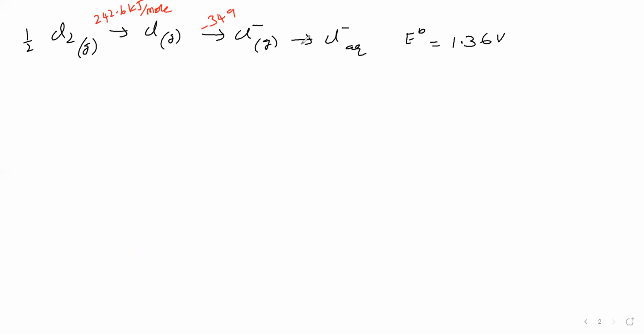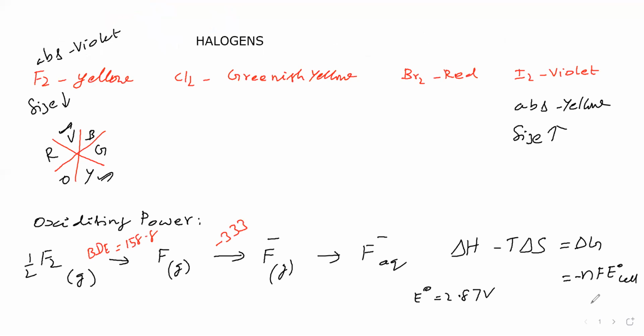Even then, the oxidizing power of chlorine is less. That means we should not look only at electron gain enthalpy; we have to look at the overall process, the overall delta G. Therefore, though electron gain enthalpy is high for chlorine, its oxidizing power is less. Next, we will see hydration enthalpy.